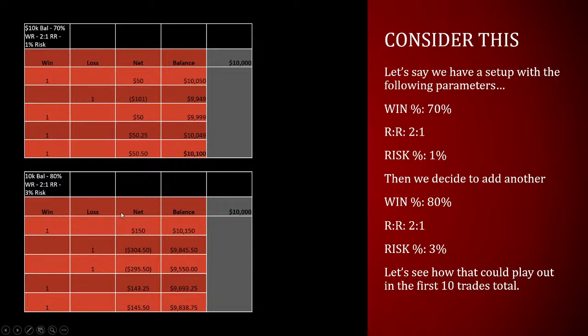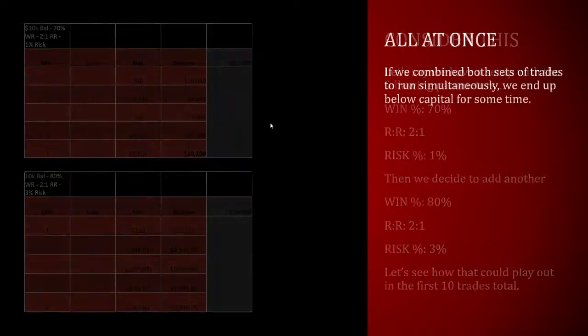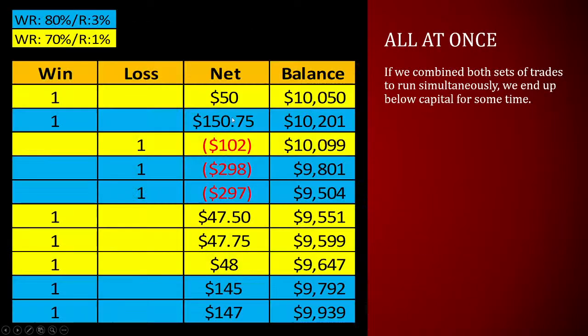So if we commingle these, if we said, okay, winner, loser, right, then it would look like this. So we have one winner, loser, loser, loser, winner, winner, winner, winner, winner. And our account balance at the end of that would be $9,939, right?